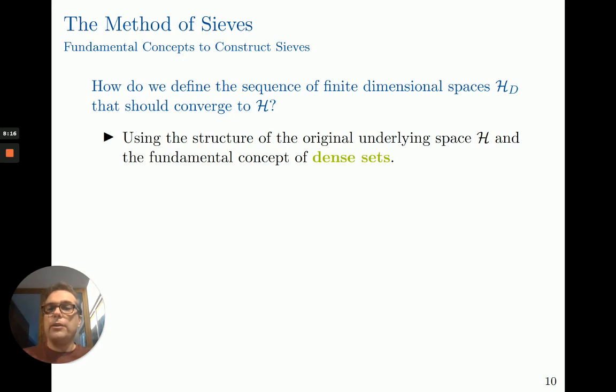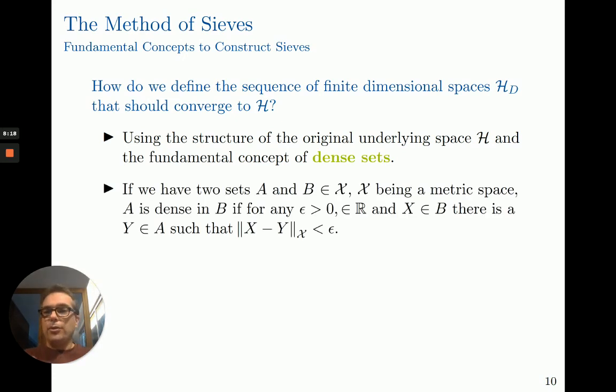There is a fundamental concept called dense sets. If we have two sets A and B that belong to a metric space calligraphic X, we say that A is dense in B if for any positive epsilon in the real numbers, and x belonging to B, there is a y belonging to A such that the difference between x and y in this specific norm on X is less than epsilon.